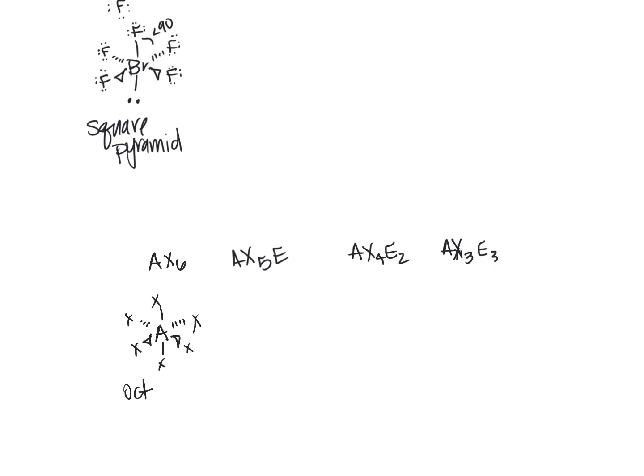We have octahedral. For this one, we have the same base structure. And so you could rotate this in any direction. So let's look at one where we have removed another 2. Oops, sorry, this is square pyramid.